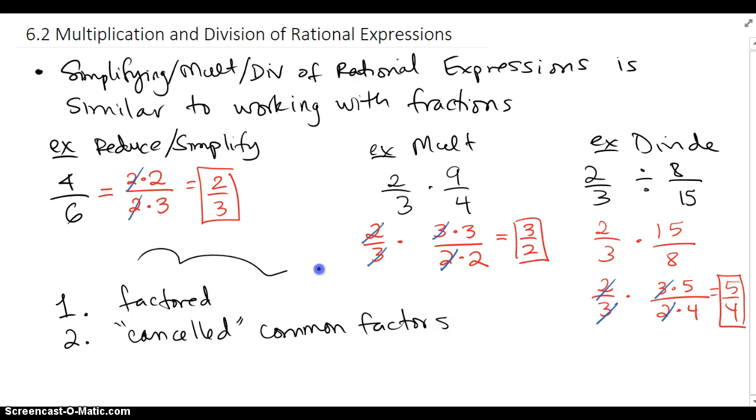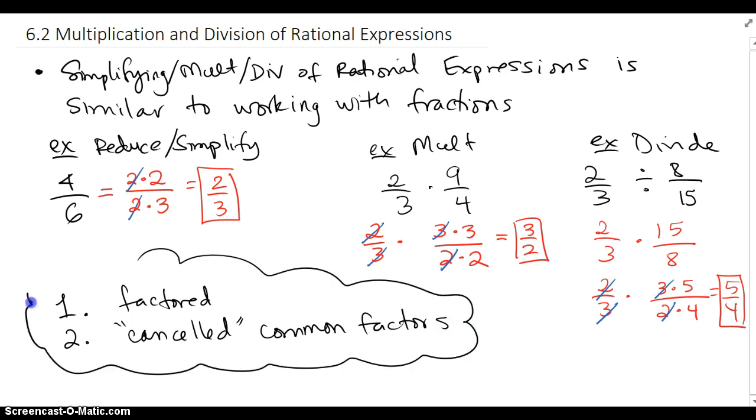And this is basically how we simplify, multiply, or divide rational expressions. The entire concept is based on being able to factor terms and then cancel out common factors. So whether they're just fractions or rational expressions that contain variables, we still go through the same process: factor, and then cancel the common factors.